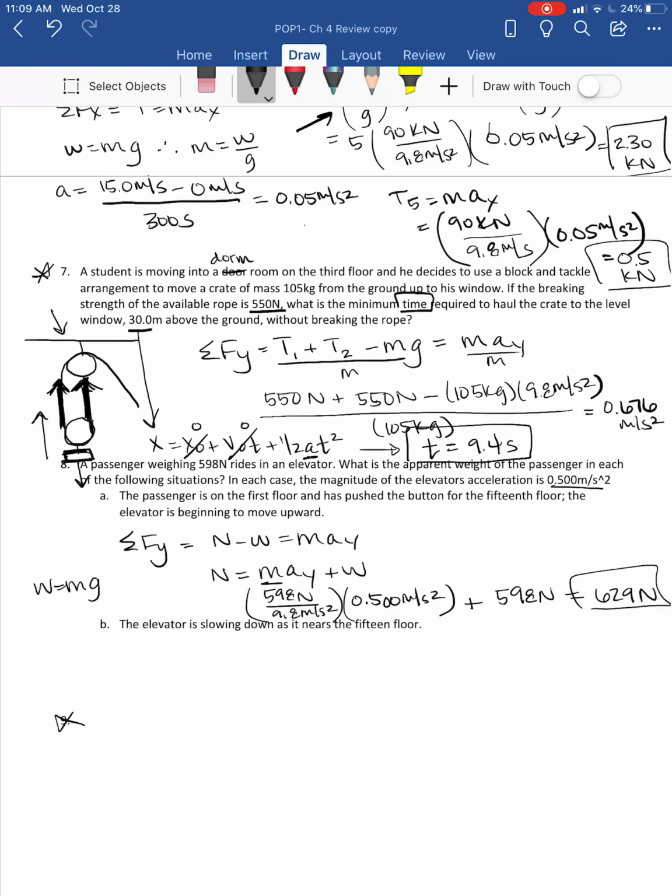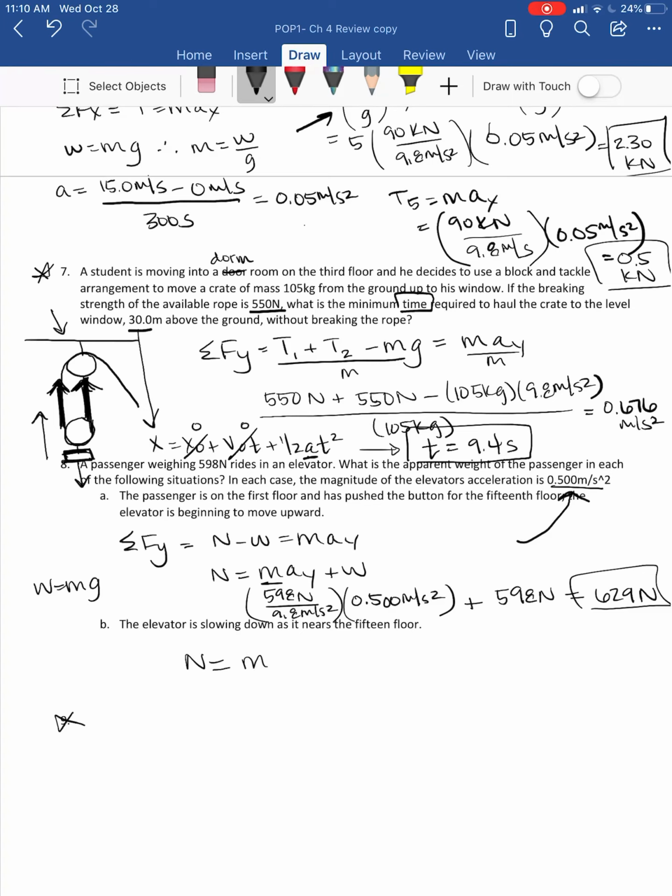Now, if the elevator is slowing down as it nears the 15th floor, and it says that the elevator's acceleration is 0.5 in all cases, then what happens to the acceleration as far as sign? It would be negative. So as far as our equation is concerned, nothing changes.